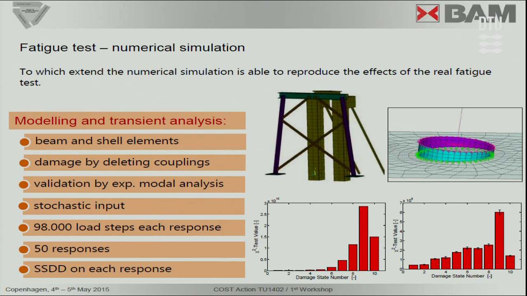We did this 50 times: 10 times with a different damage state and 40 times in the reference state. Then we used the stochastic subspace damage detection method on each response, and this is the final result of the numerical analysis.